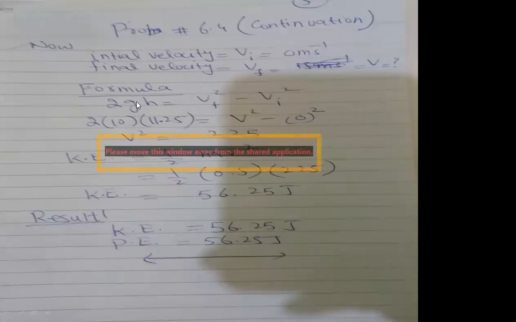So I will use the same formula, 2gh is equal to vf square minus vi square, which is the third equation of motion. I just put the values. In this case, vi is equal to 0, so I have written 0 square, and vf is replaced with v. The value of g is 10, and because the body is coming down due to the action of gravity, g will be positive.